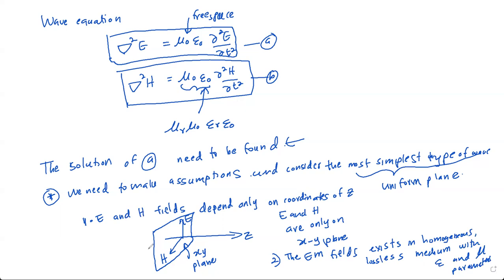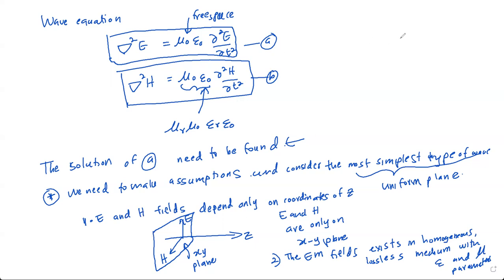Apart from that, we now have to find the solution of the wave equation. In order to do that, we need to expand equation A, and we need to consider these assumptions when simplifying Maxwell's wave equation further.